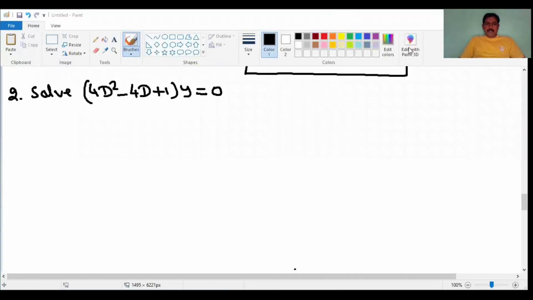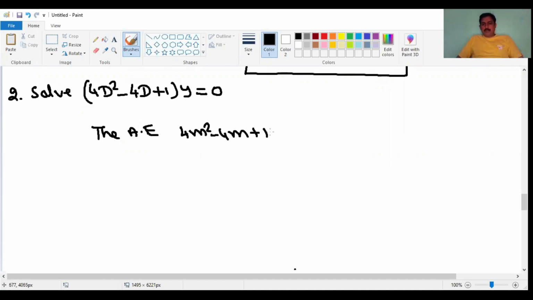The second problem is: solve (4D² − 4D + 1) y = 0. If you observe the problem, it is already in the form of a differential operator. Directly we can write the auxiliary equation: 4m² − 4m + 1 = 0, putting your right hand side as 0.